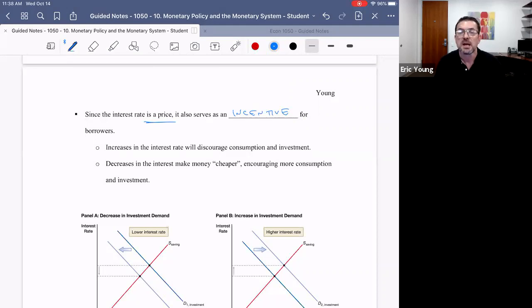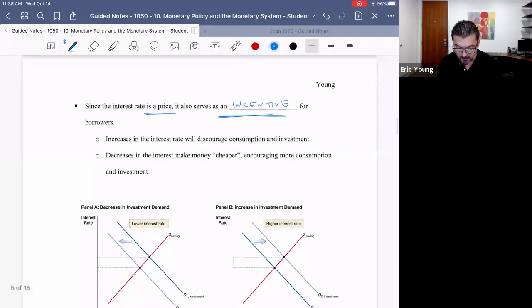It sends signals, conveys information, aligns buyers and sellers together, but critically, money and prices serve as incentives. In a loanable funds market, the interest rate most strongly is an incentive for borrowers. If the interest rate increases, this makes money more expensive. It means it costs more to borrow.